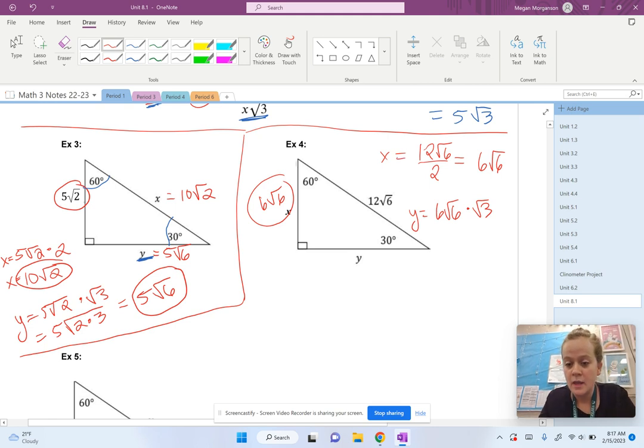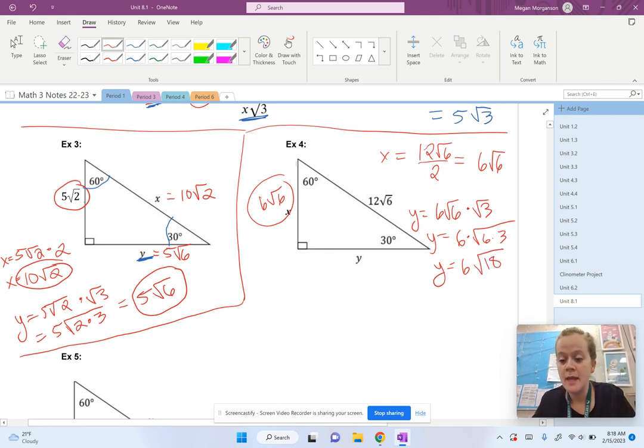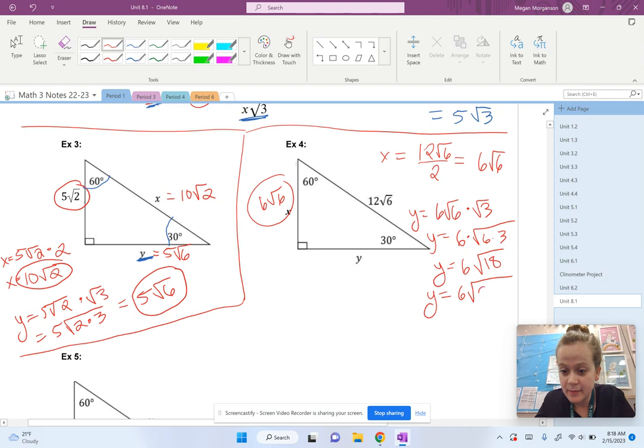This is x. Okay, so if I'm going to multiply this out, we've got y equals, and remember, we're going to multiply radicals together. So 6 times root 6 times root 3. Y equals 6 times square root of 18, because that's 6 times 3. We can simplify 18. So 18 is the same thing as 9 times 2. So y equals 6 times root 9 times root 2.